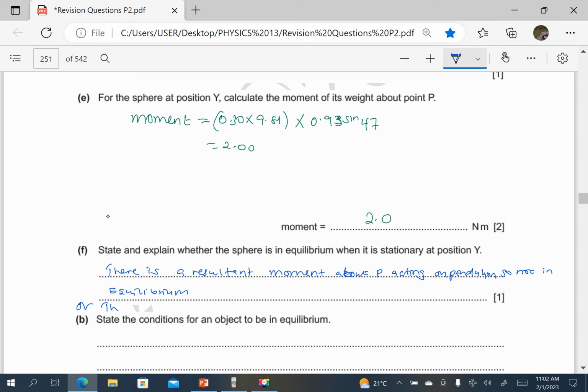So there is a resultant force acting on the sphere, so it is not in equilibrium.